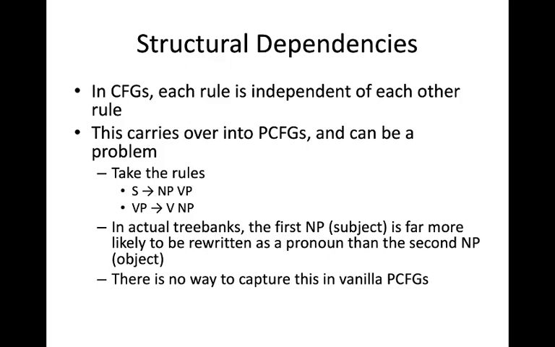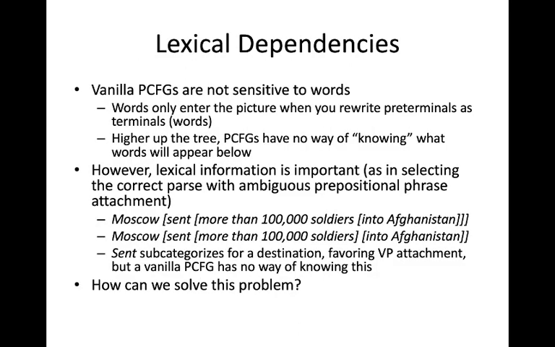The other thing is lexical dependencies. So you have situations where some verbs say, I want this kind of an argument. That's called subcategorization. And sent here subcategorizes for a destination. You send things to a destination. And so it favors a particular parse, this one rather than this one.